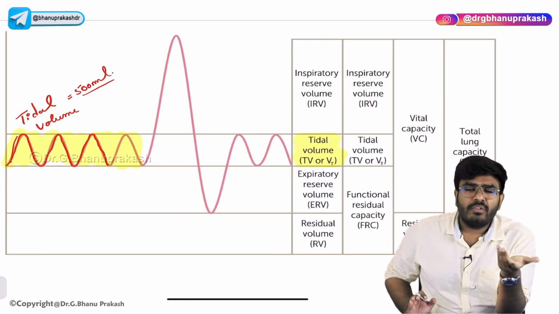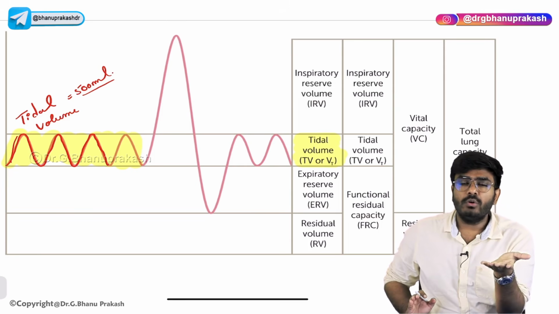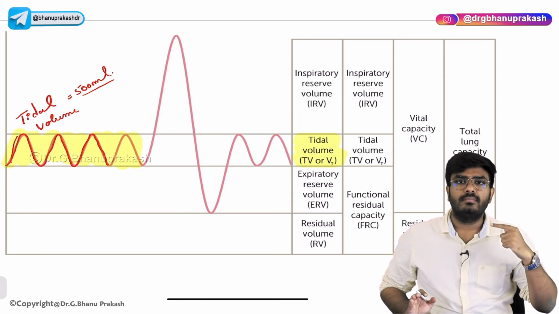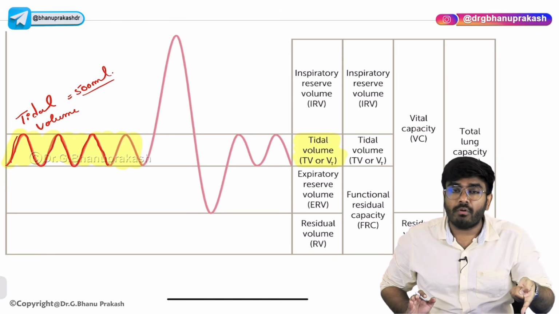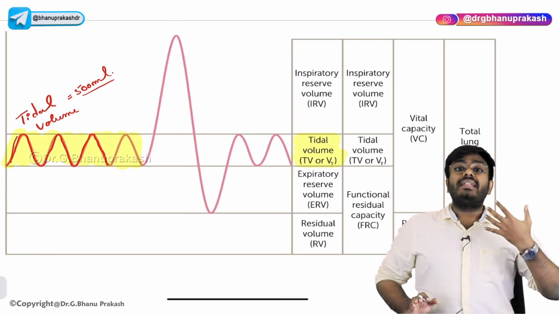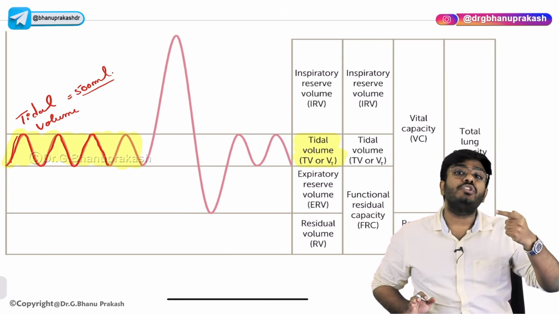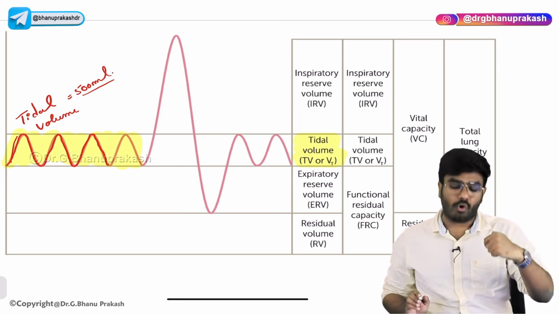Or if I ask you to take a dive into a river, what will you do? You will take some extra air, right? This is my normal breathing, but if I ask you to dive into a river, you will take extra air. That extra air which you can take with effort is called inspiratory reserve volume.